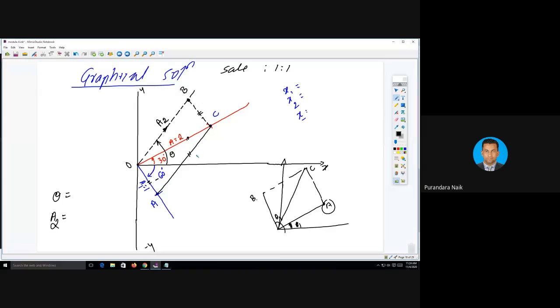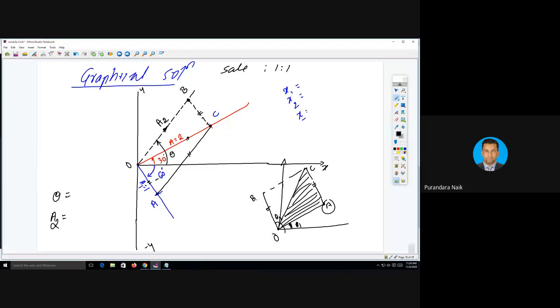Then join A to C. We'll get a triangle, right? So the triangle is a half portion of the parallelogram. We need to take the remaining half. So for the remaining half, you need to take the line from point O which is parallel to AC.